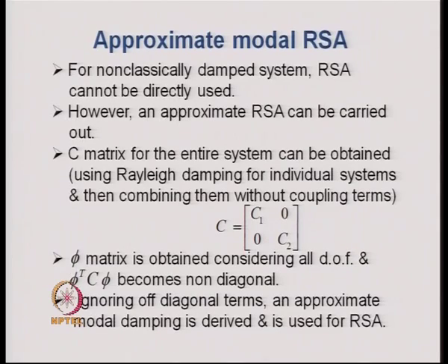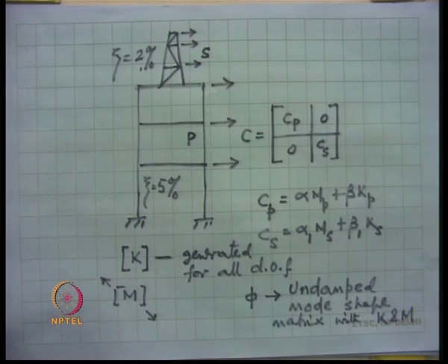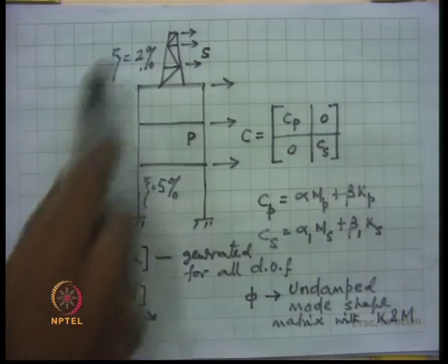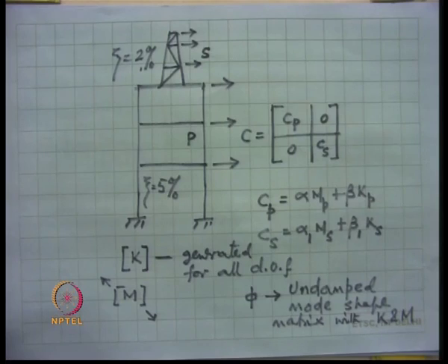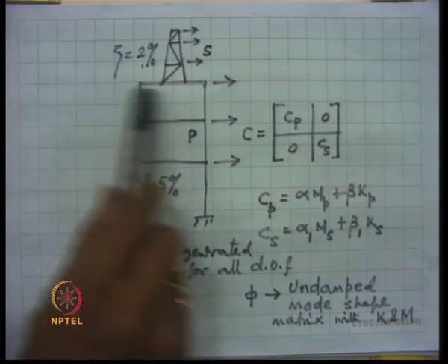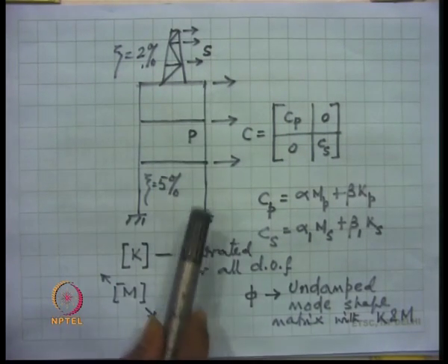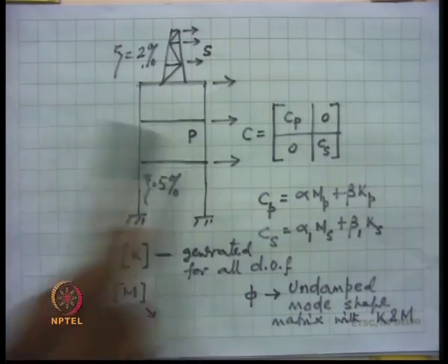Next, we consider the application of the response spectrum method of analysis for non-classically damped systems. The non-classically damped systems are ones in which we have a system like this, in which there is a main system, and in that main system, say we have a tower.